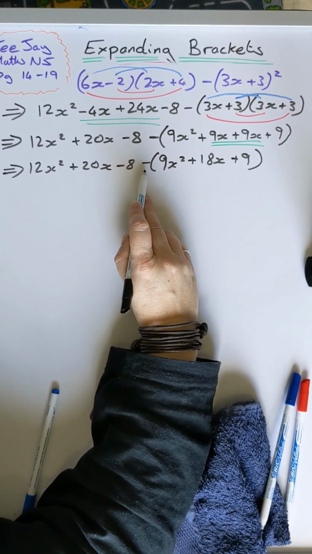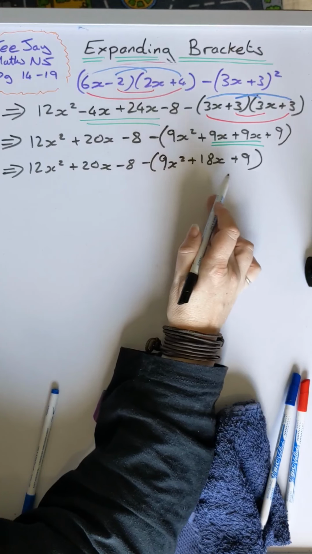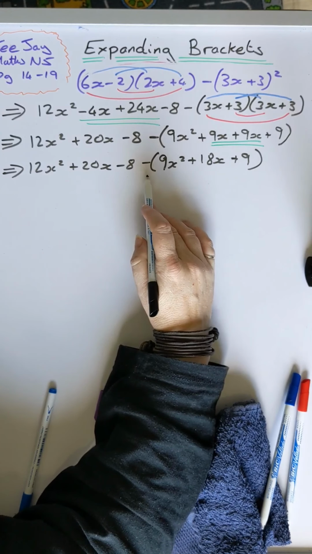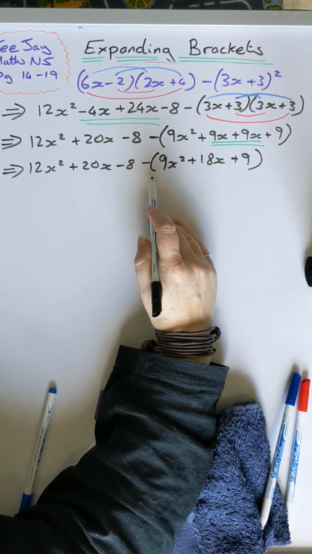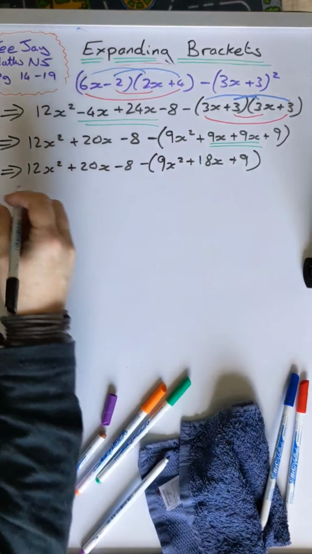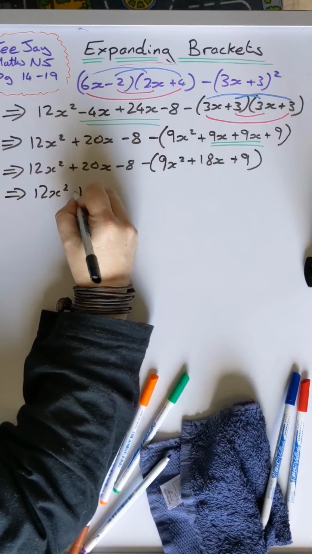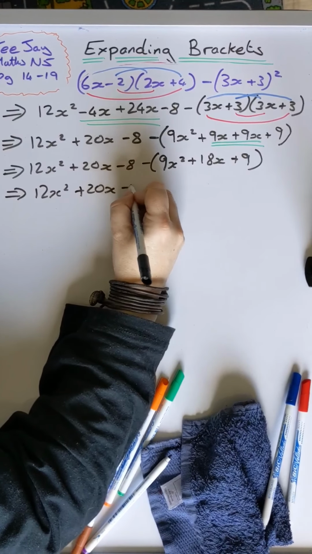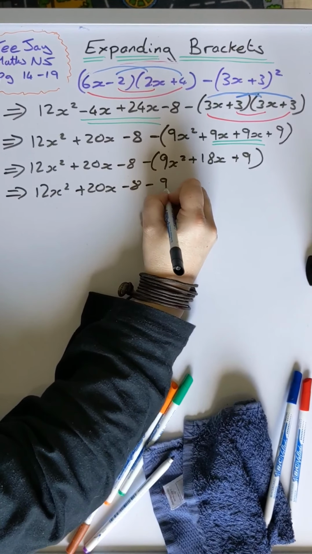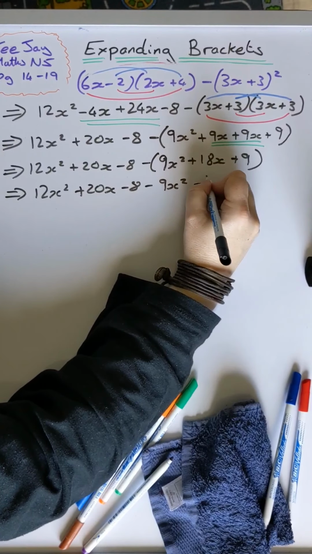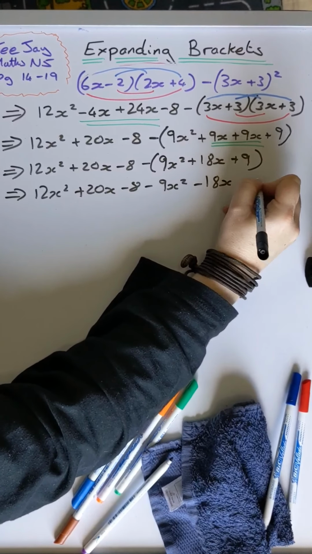Now this minus at the front of the bracket here is going to change the signs of everything inside the bracket. It's the same as multiplying right through by minus 1. So what I've really got is 12x squared plus 20x minus 8 minus 9x squared minus 18x minus 9.